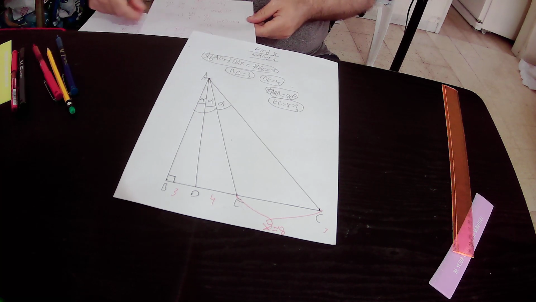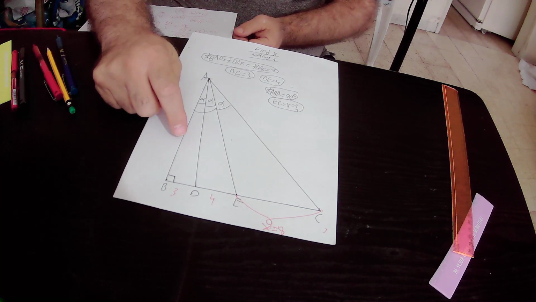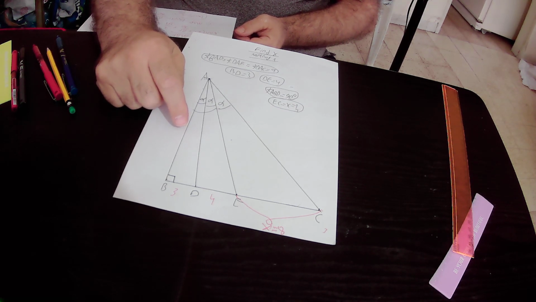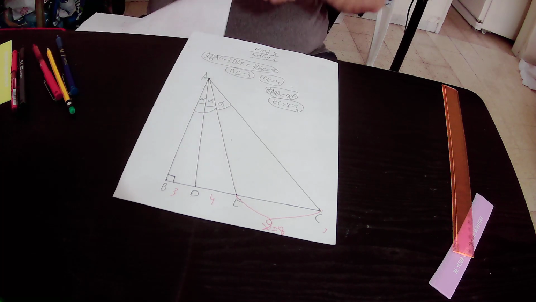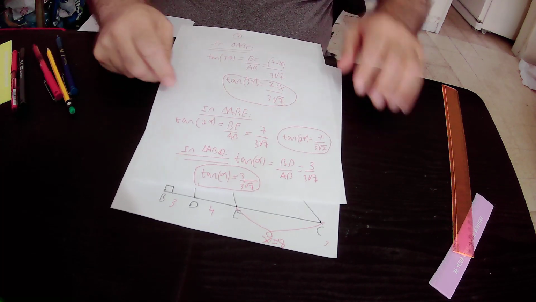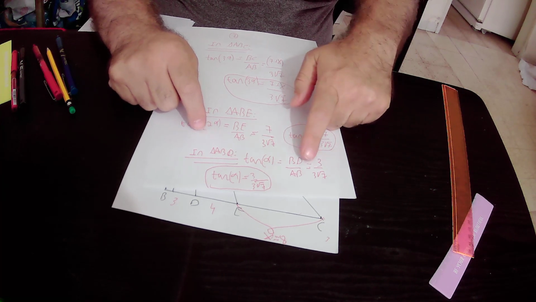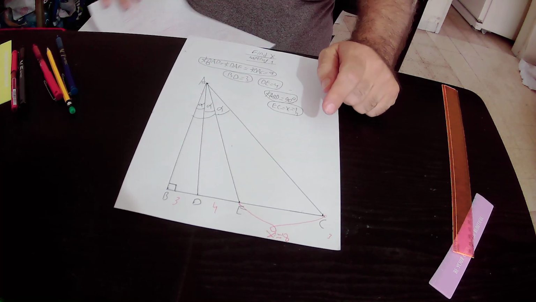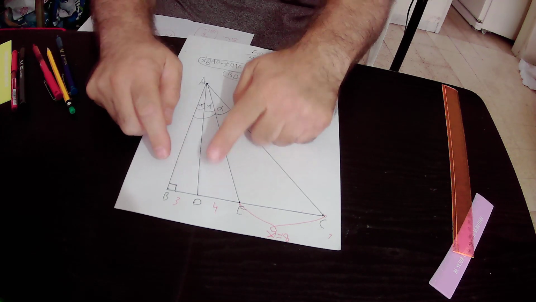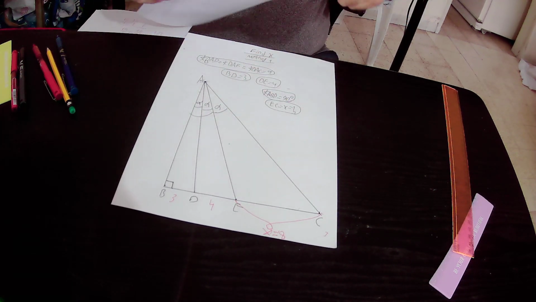Then we focused on the right triangle ABD. In the right triangle ABD, tangent alpha equals BD over AB. But what is the value of BD? BD equals 3 units, and AB equals 3 times root 7.